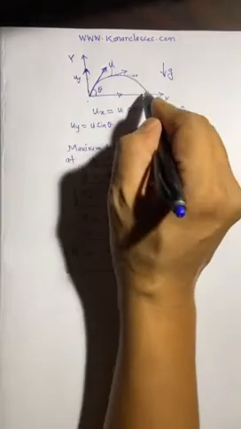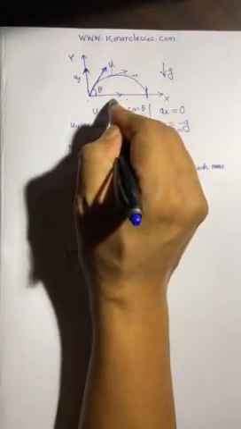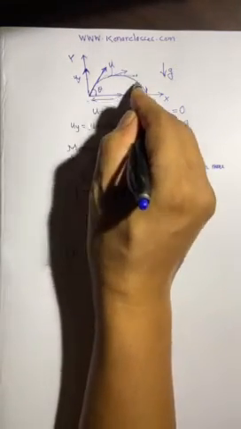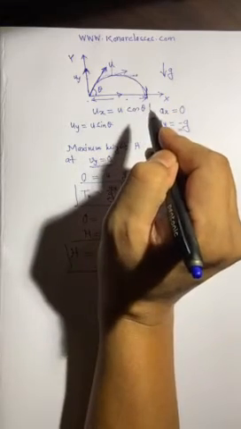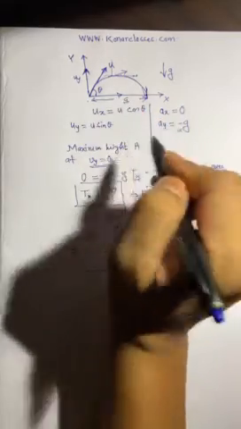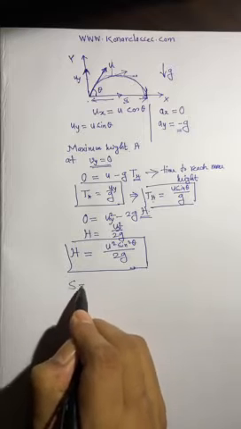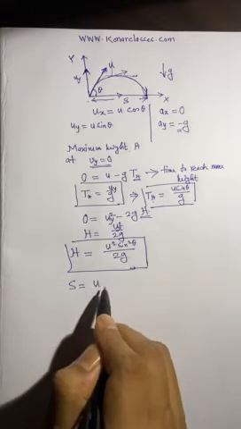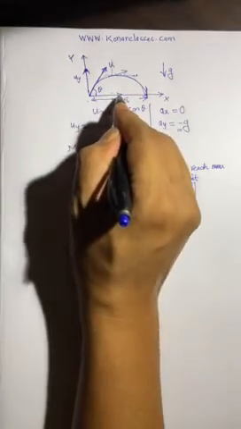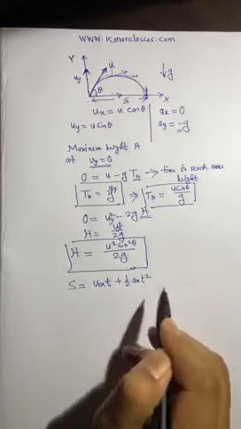Now let's say this is the total distance that the projectile will cover, and let's consider this distance as s. So s equals ux t plus half ax t square, because this component of velocity is ux.